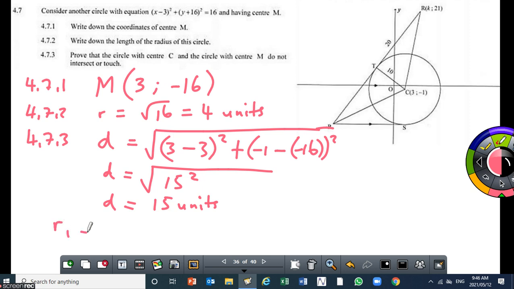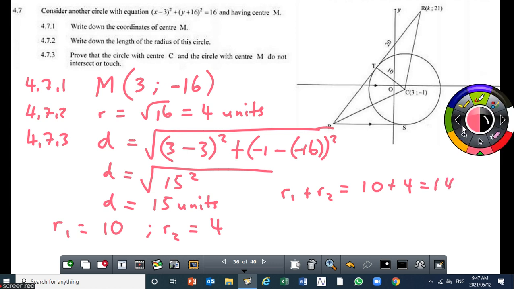Then my R1, the radius for circle C, is going to be 10. My R2 is going to be 4. Now, R1 plus R2 is going to be 10 plus 4, which gives you 14 units.